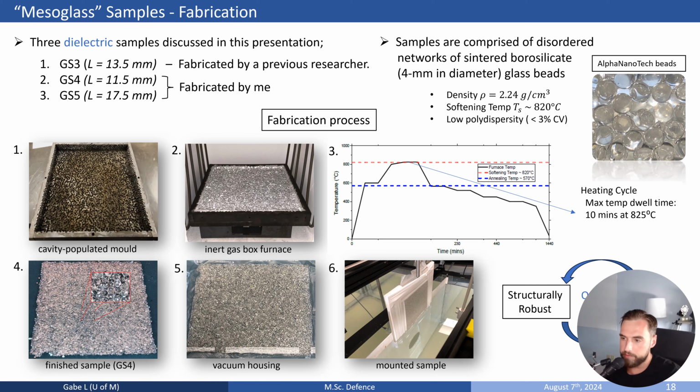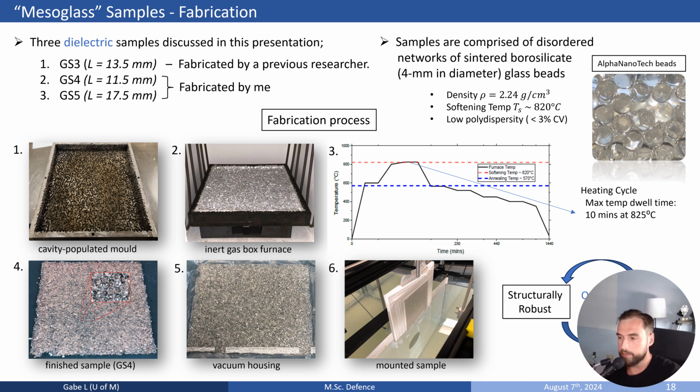We use a cavity-populated mold that ensures the random arrangement of the beads in the sample, and then once the sample is well organized and densely packed as much as possible, we put it into the furnace, where we use a specific intricate heating configuration to reach the softening temperature just long enough so that we don't over or under sinter the sample.